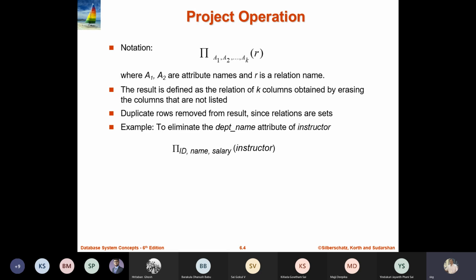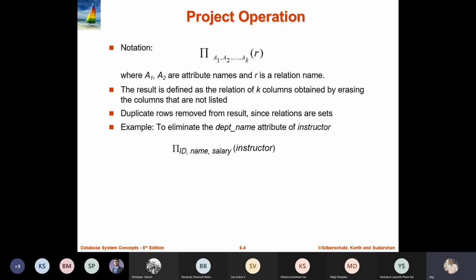Like in this example, from the instructor relation we are projecting the ID, name and salary. So it will be output as ID, name and salary in this resultant relation. Duplicate rows are removed from the result since relations are sets.